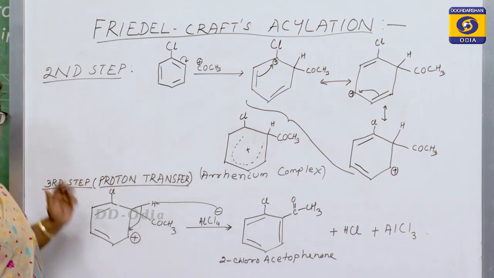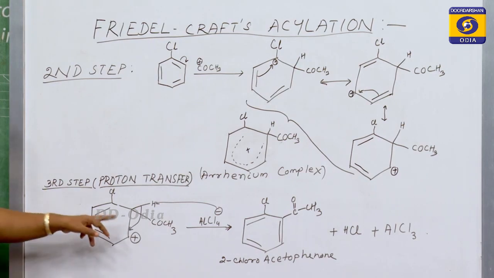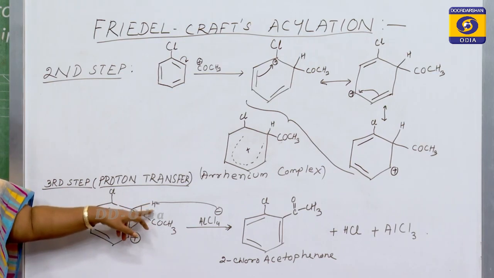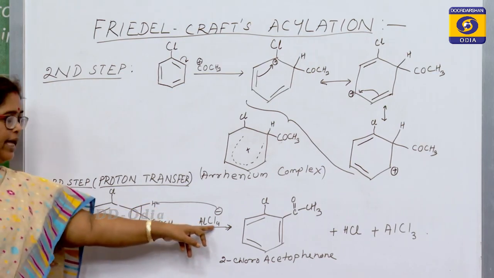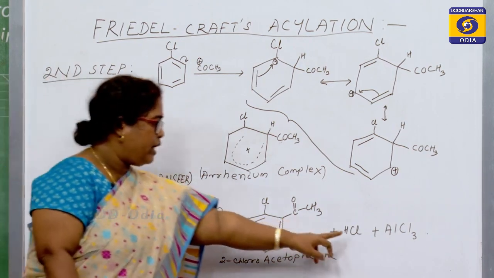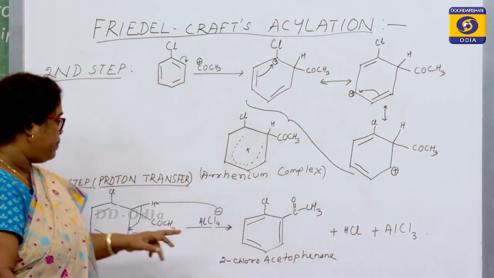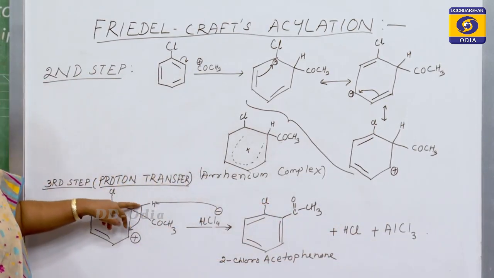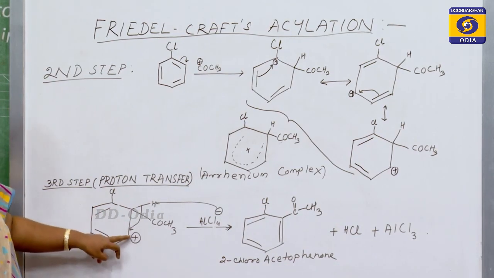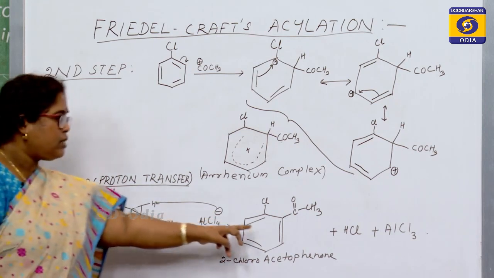And in the third step, the proton transfer takes place, because the hydrogen ion here goes with AlCl4 minus and the products are HCl as well as AlCl3, and the electrons present in this bond go towards this positive center and a double bond is formed.